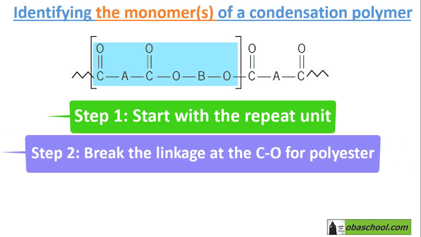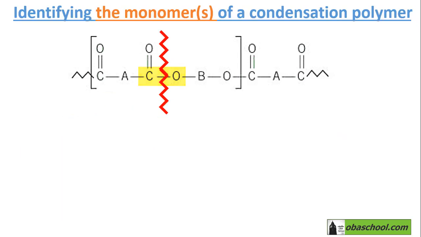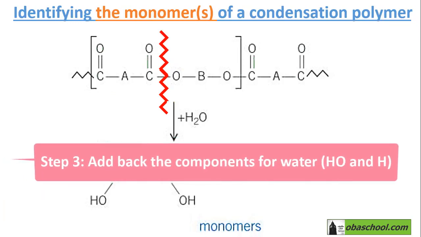The second step is to break the linkage. If we have a polyester, we break the linkage at the C-O bond. And if we have a polyamide, we break it at the C-N bond. But here we have a polyester, so I break the linkage at the C-O bond. After I break the linkage, I add the components of water. Didn't we say that in a condensation polymer, a water molecule is eliminated?